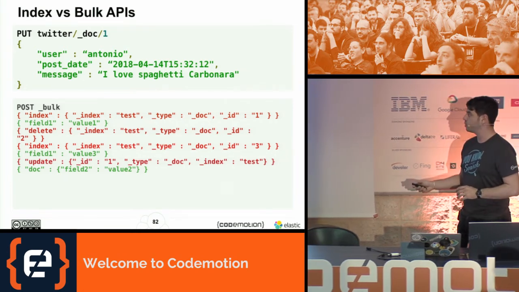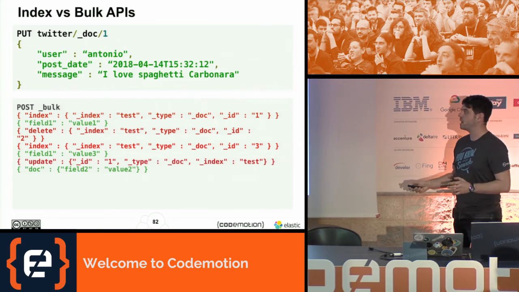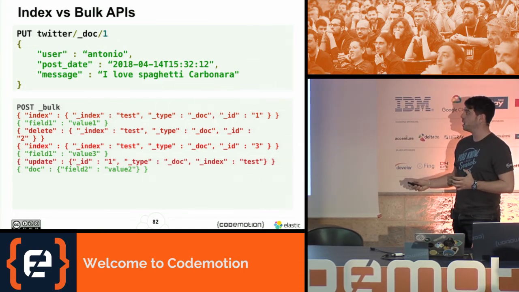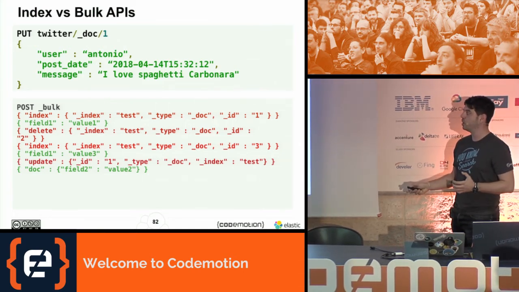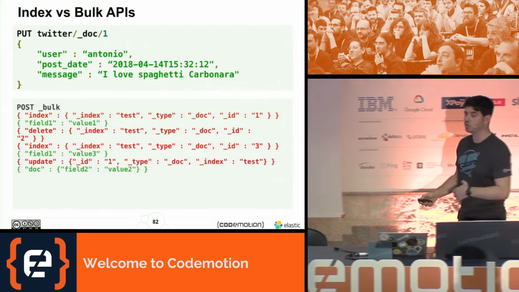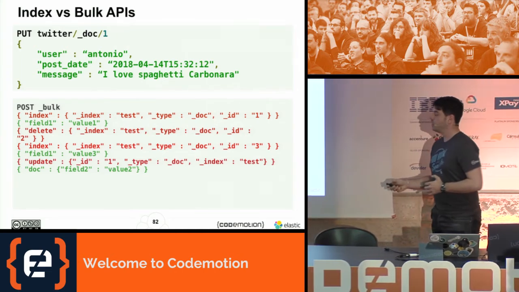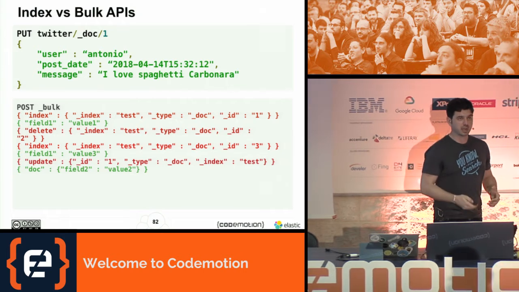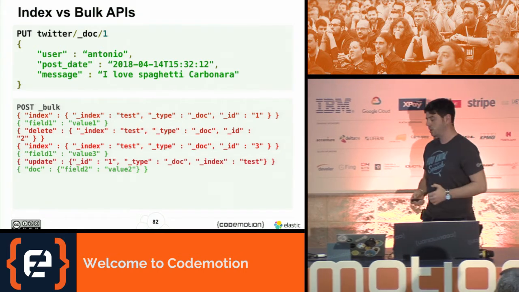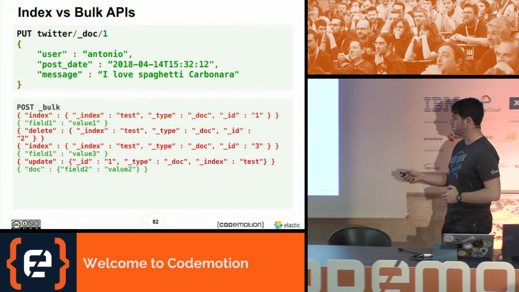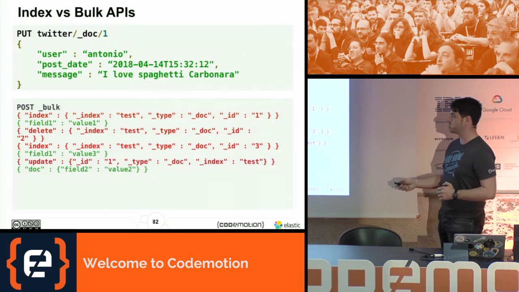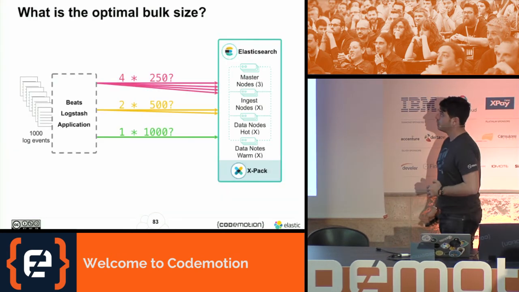Note that we have control messages that say what the operation actually is, and then we have the actual payload, which is the document or the modification. When we have, of course, a delete request, there's no payload. So when you write your own application to talk to Elasticsearch directly, you want to make sure to use that approach. It's way more efficient.